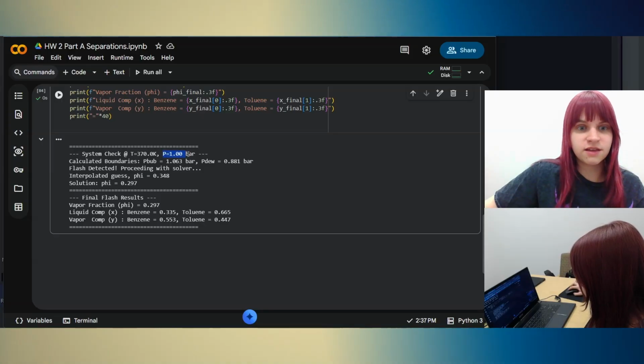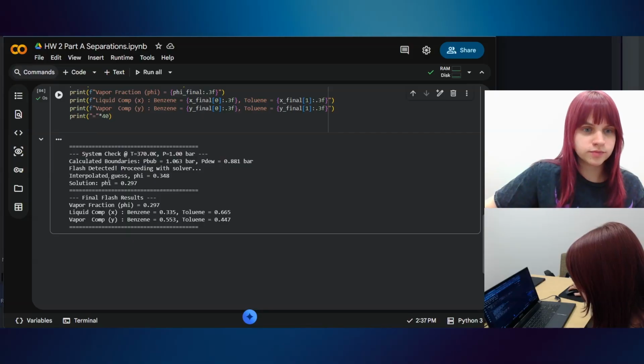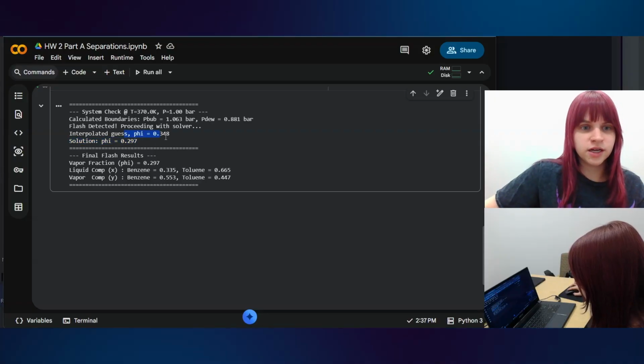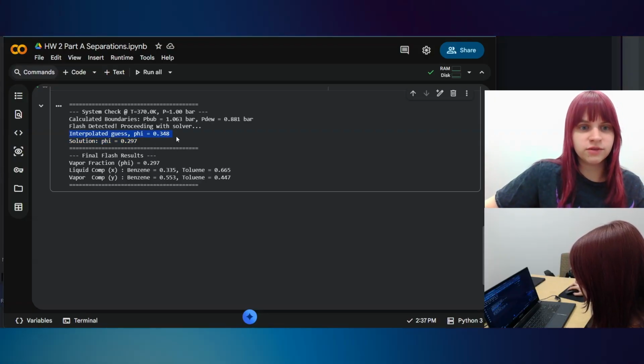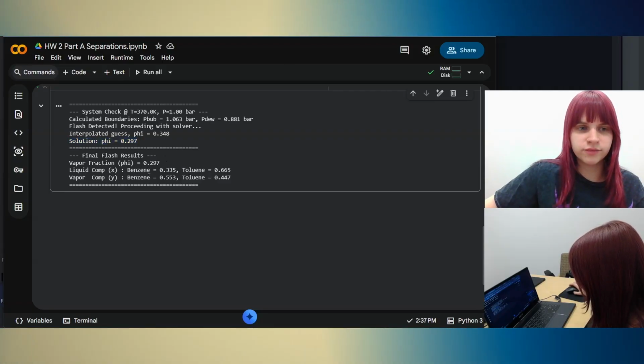And so since the system pressure is between these two, we can do a flash. Our interpolated guess for phi was pretty close to our solution, so that's not a bad thing to do if you need something really fast, but obviously this is going to be a lot more accurate.